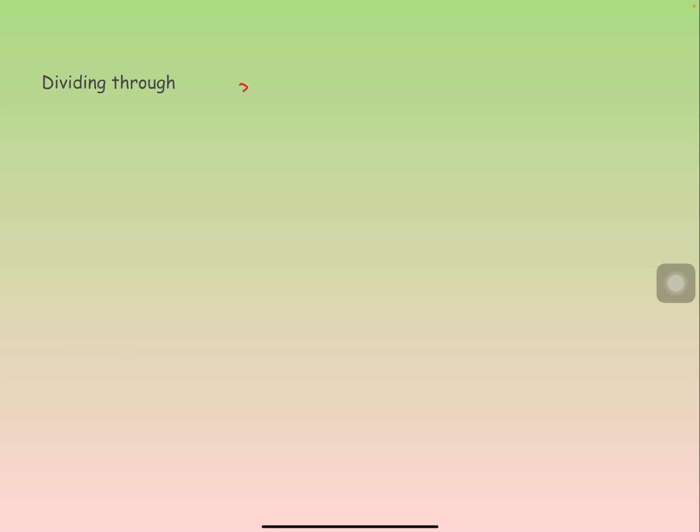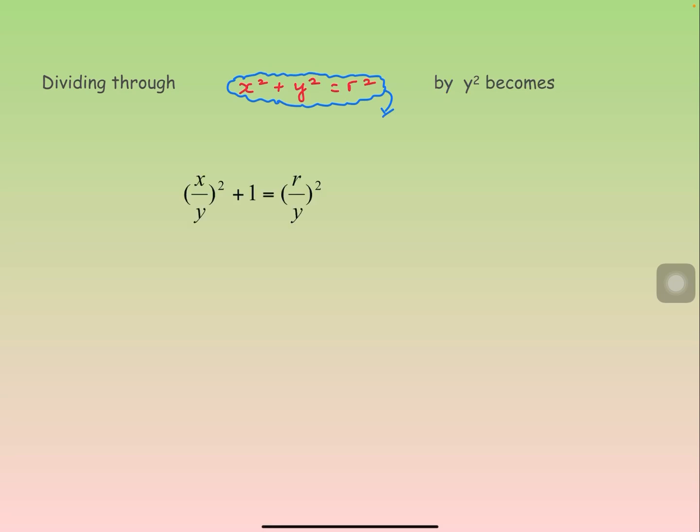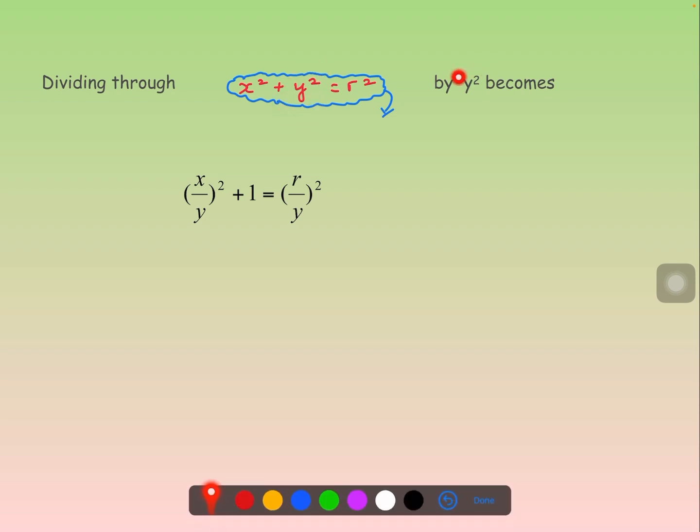Dividing through x squared plus y squared equals r squared by y squared becomes (x over y) squared plus y squared over y squared, we have 1 equals r squared over y squared, we have (r over y) squared.